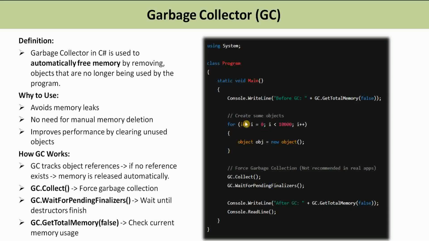After we perform some program, like a for loop or foreach loop, anything you can use, we forcefully call the GC.Collect method manually, and after that we call WaitForPendingFinalizers, and at the end we call GetTotalMemory again to check how much memory is released from that object. So let's see this in Visual Studio.